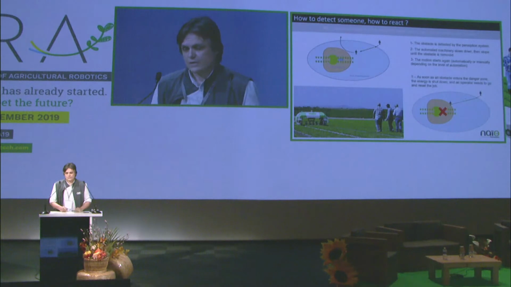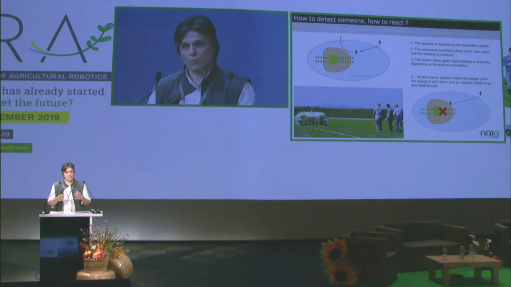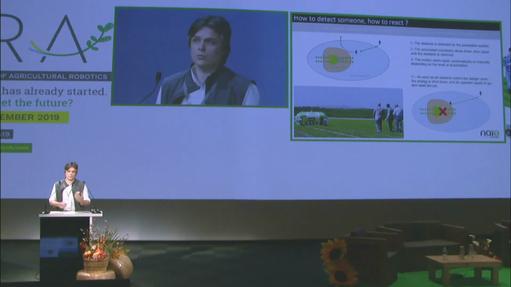And we consider that if you succeed to avoid that the danger is going to reach the inner area, you can decide to start again while you are still in an automated mode. And in that case, you don't need to have someone who is going to come and launch again the work.